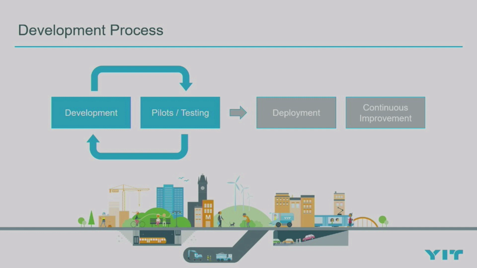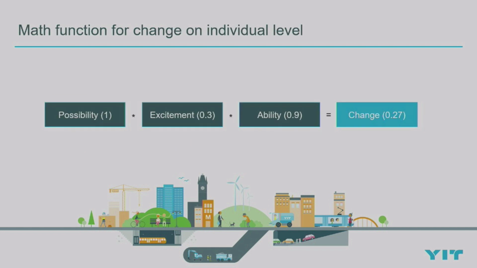And I mean, there's nothing special in there. But then when we go to the deployment, everything starts to struggle. And usually there's a quite simple recipe or math function on the individual level for how people change. We need to have the possibility of utilizing that GNSS receiver as a foreman.